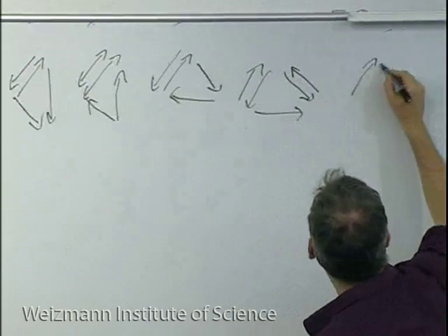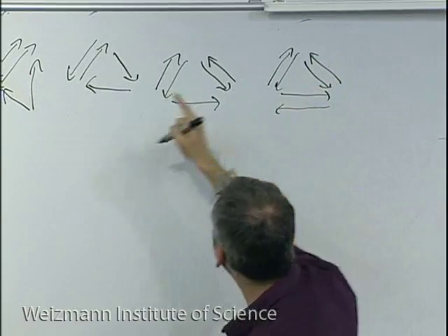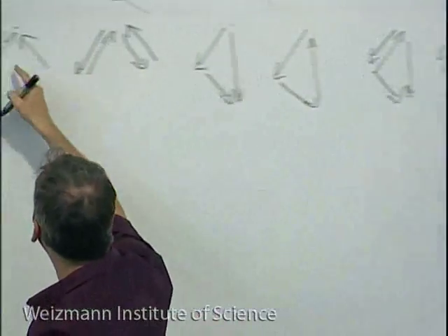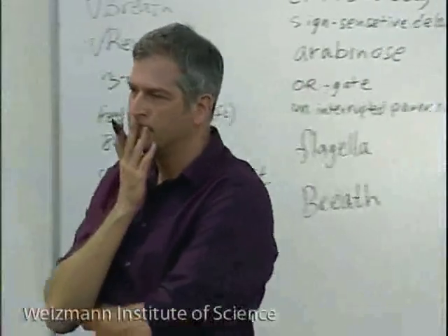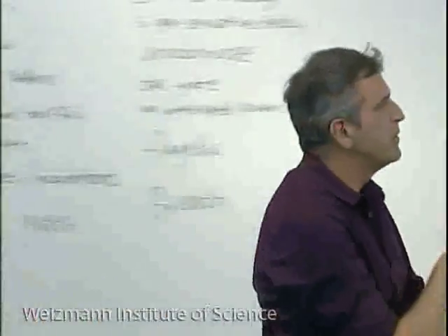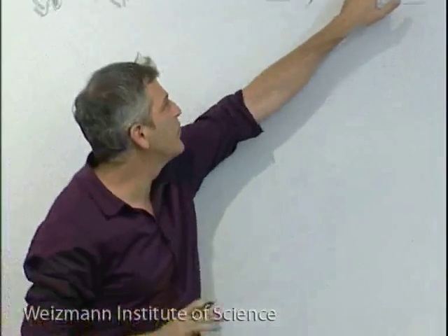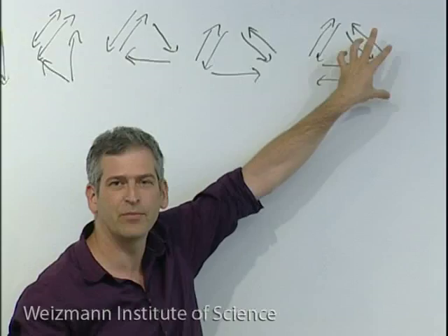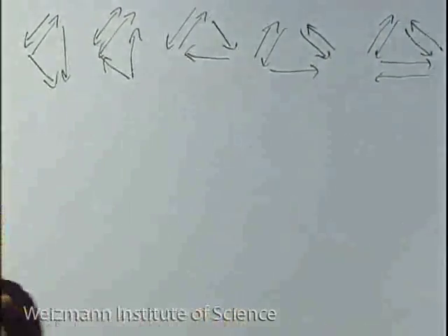This. These are the 13 ways. Maybe something is not clear here the way I drew it? Clear? So this is everyone regulates everyone else. This happens actually in stem cells with 3 transcription factors that control pluripotency, but not in E. coli.